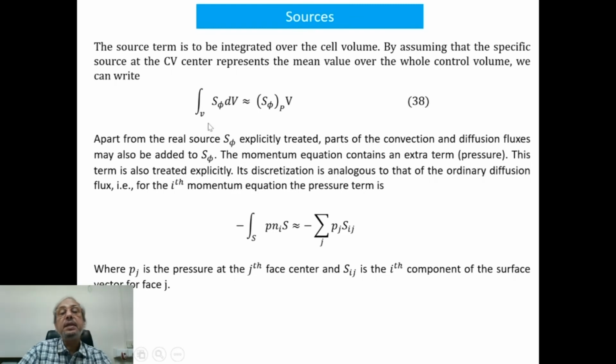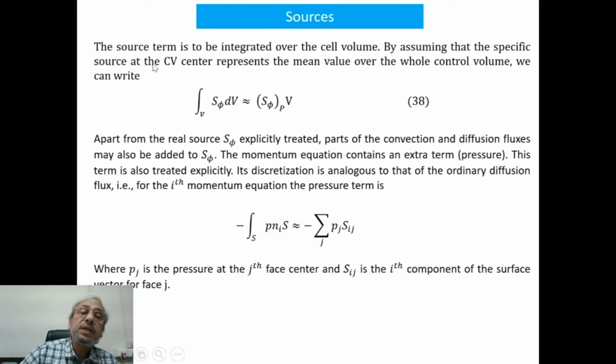Having done that, we can go for all other cell faces and calculate the complete diffusion from the cell of interest P.